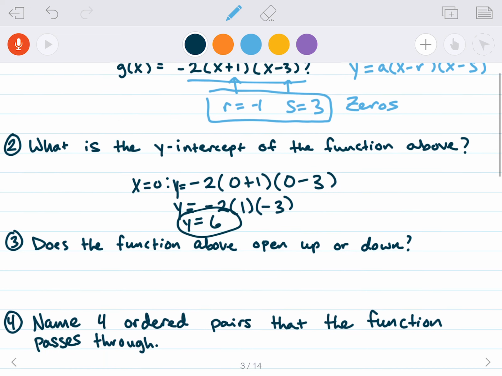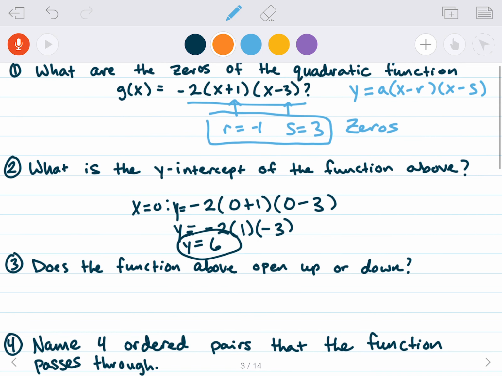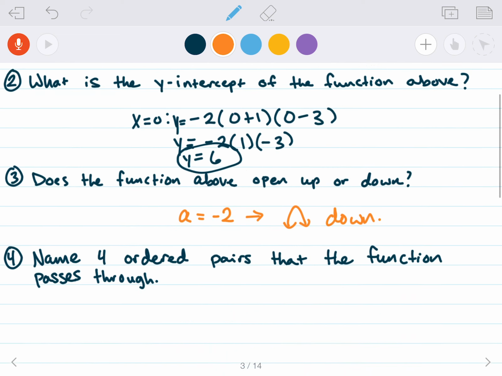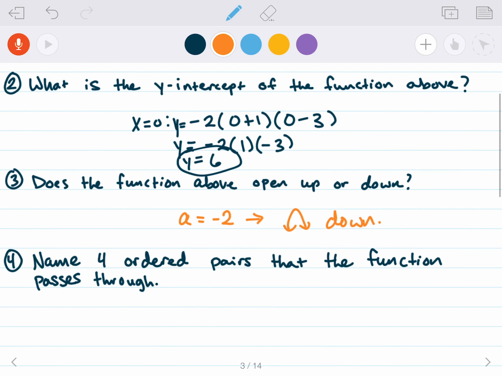Does it open up or down? Well, in this case, if we look at our function, a is negative 2, and since it's negative, it opens down. Name 4 ordered pairs that the function passes through. Again, we can look at Desmos, or we can make a little t-chart.